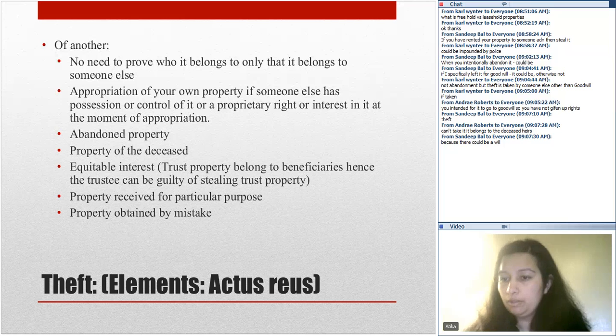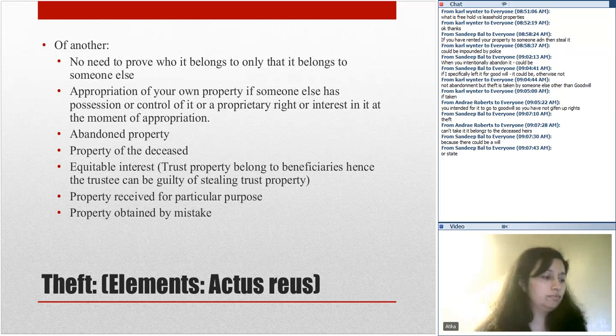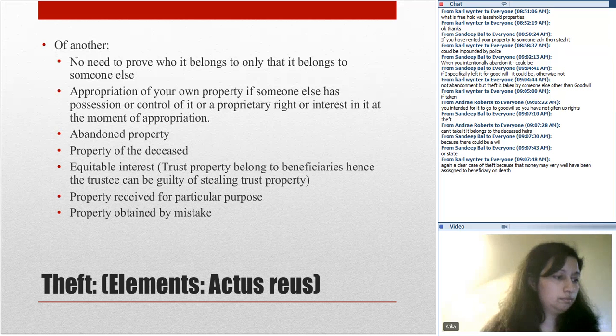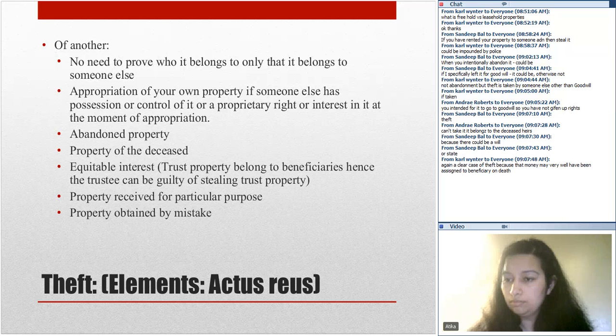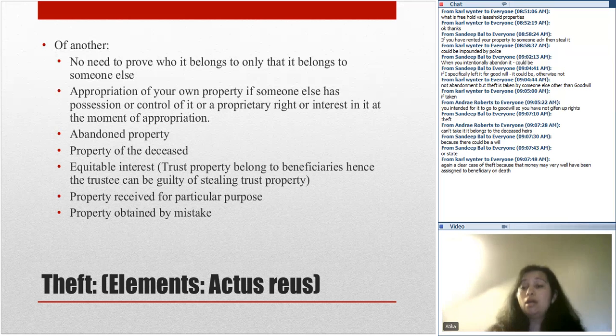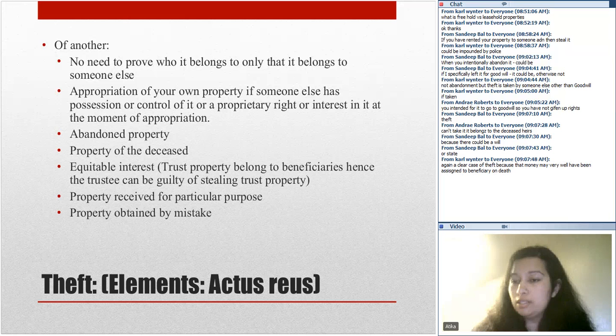Because there could be a will. Yeah, that's exactly right. There could be a will, there could be a gift, there could be intestacy. There is always intestate property.